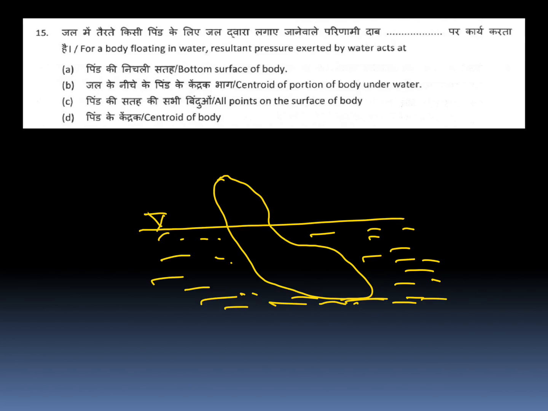So force of buoyancy will act here, at the CG of the submerged portion. This area is the submerged portion, so its centroid is here. So not the whole body, it's only the centroid of the portion of the body in water.